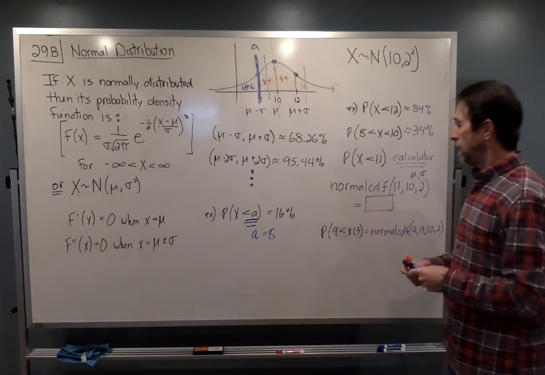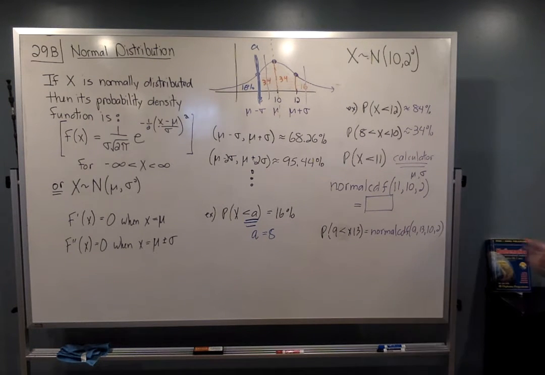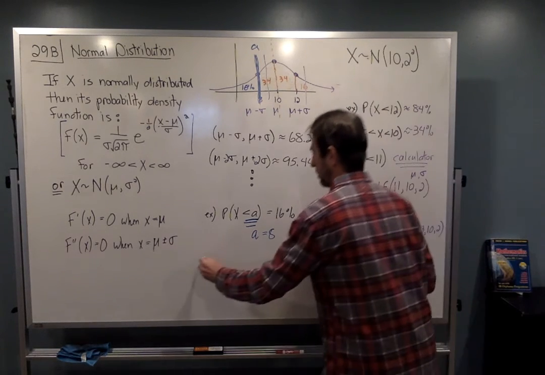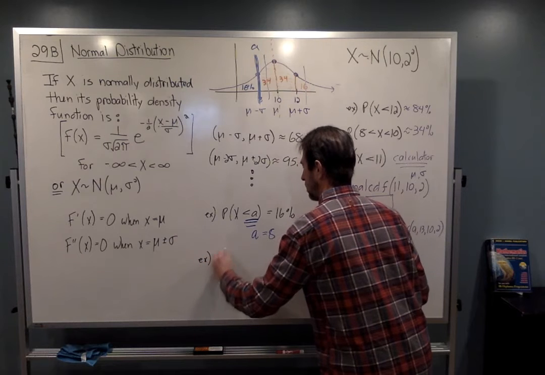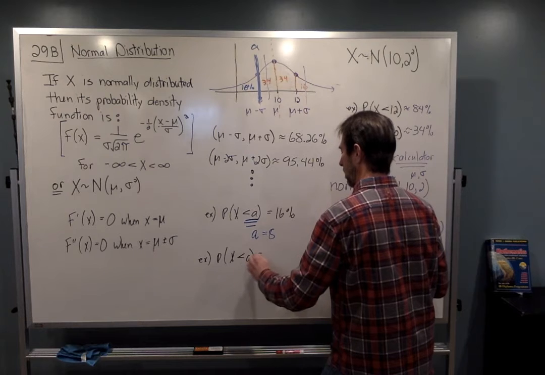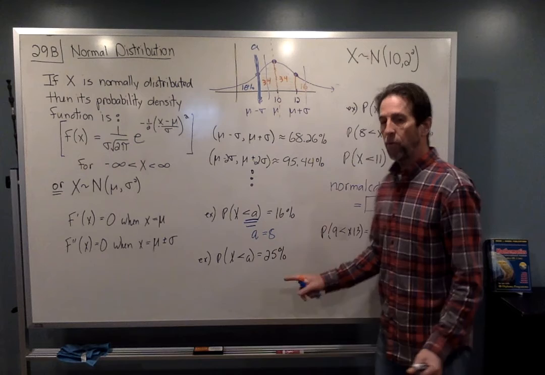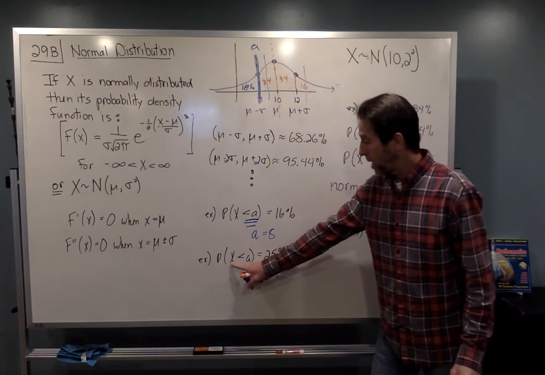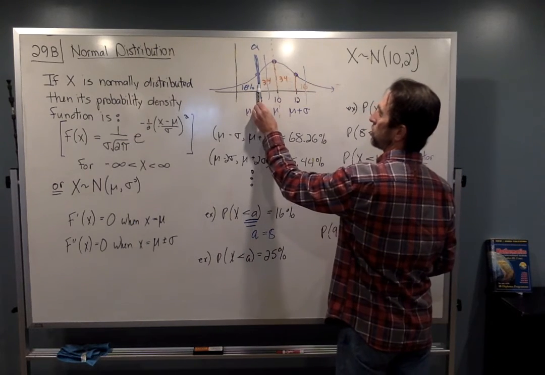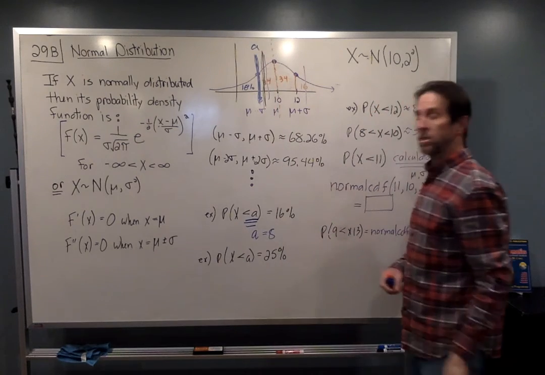If for some reason it's not a nice number, then we're going to have to use the inverse norm on the calculator. Now, one thing before I even do this, I want the probability of X less than A to be 25%. I know that this is 16%. This would be 50, so I'm probably going to get a number right around here, probably less than 9.